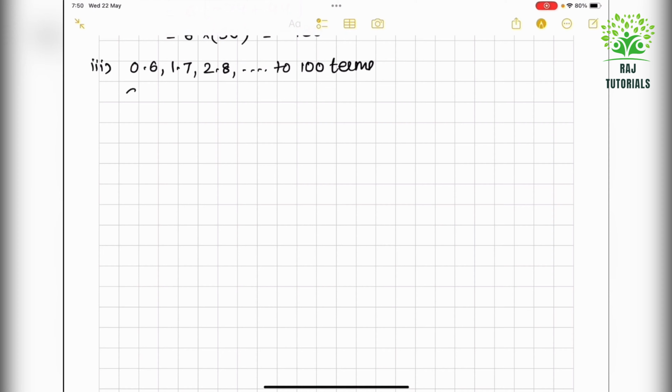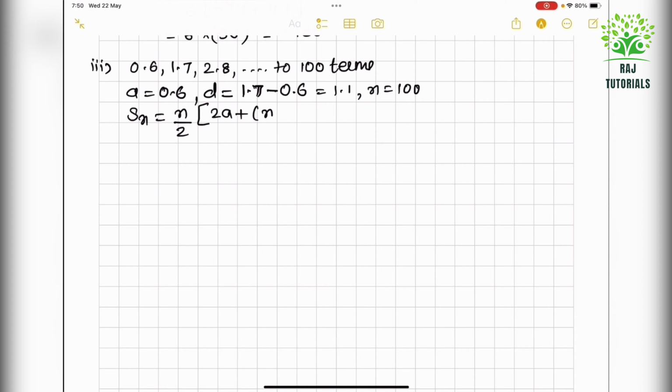So, a equal to 0.6, d will be 1.7 minus 0.6, so that will be 1.1. n is 100. So, Sn equal to n by 2 into [2a plus (n minus 1)d].